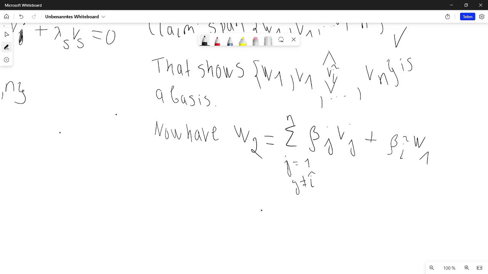And now, of course, suppose, oh, wait a minute, suppose that the coefficient is not equal to 0.